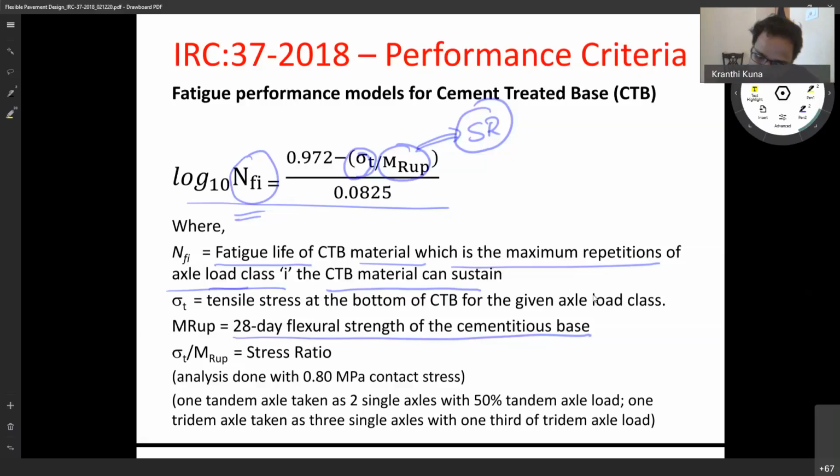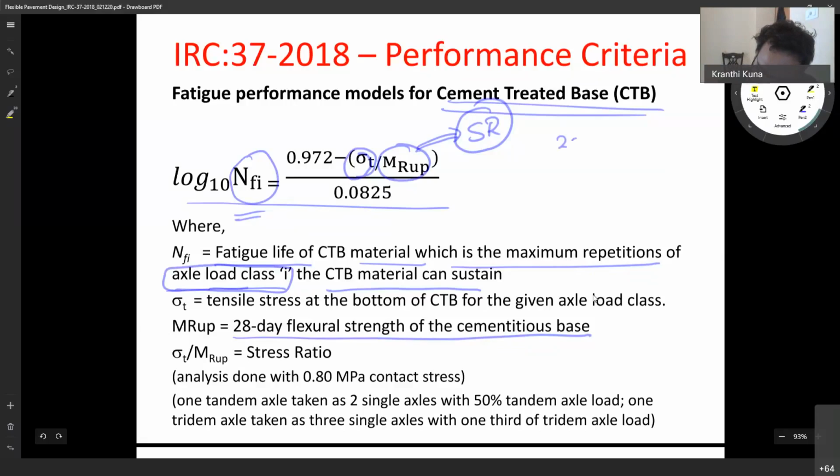Whereas for the cement treated base, it is different. Rather than doing this, we run the analysis for each axial load class. You have seen earlier different axial load classes, isn't it?